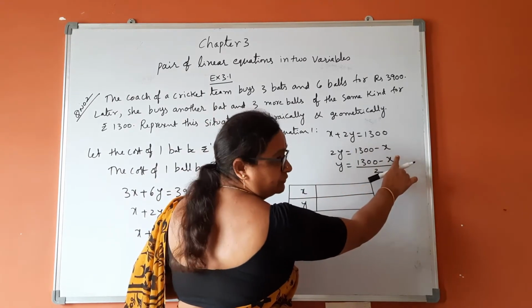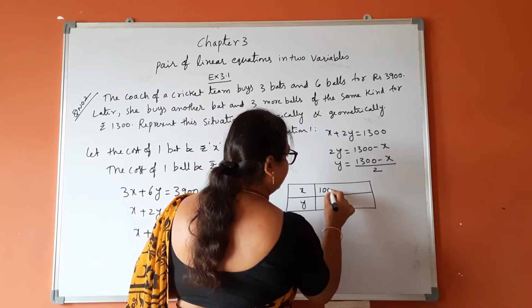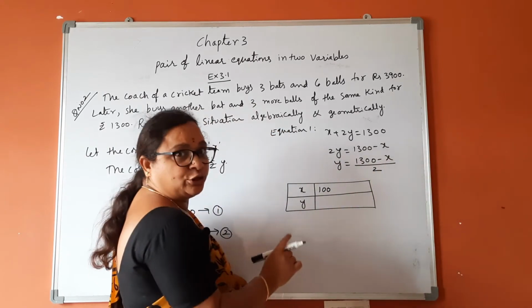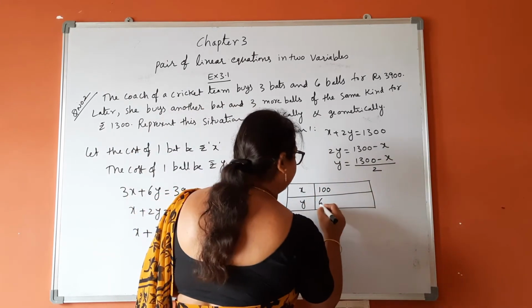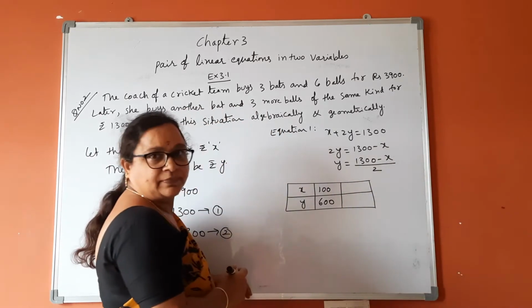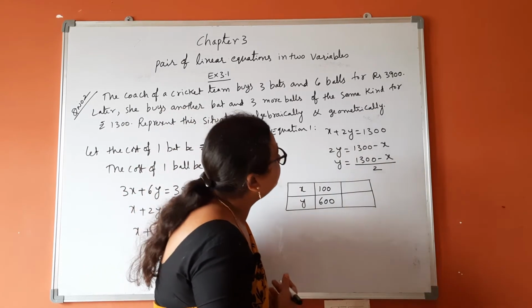So first we will give one value for x. Here let us take x as 100. Then 1300 minus 100 is 1200. 1200 by 2 is 600. Okay. Any other value we can take. What will we take here?